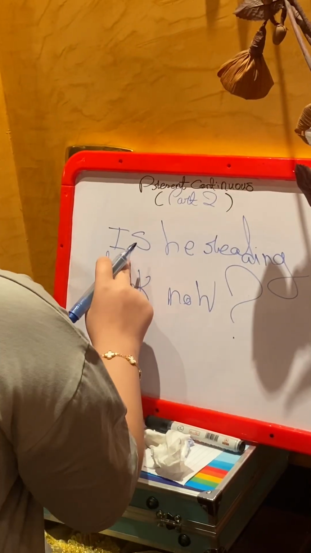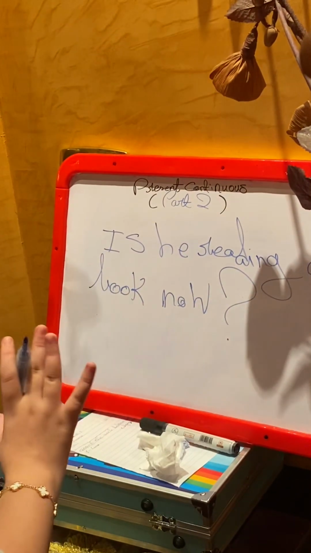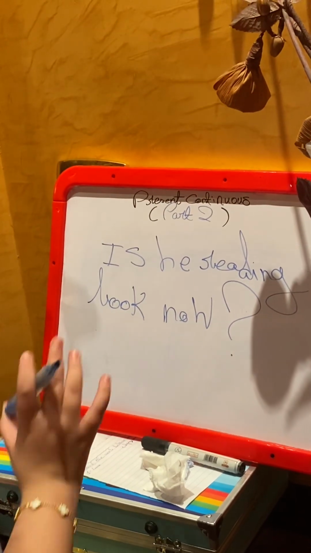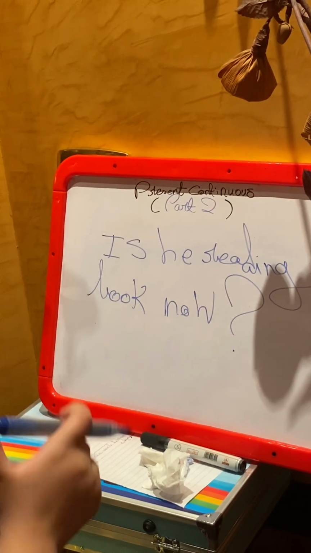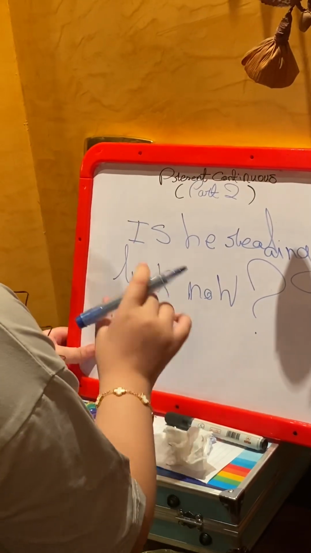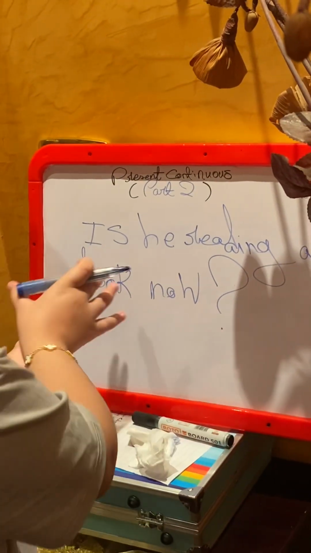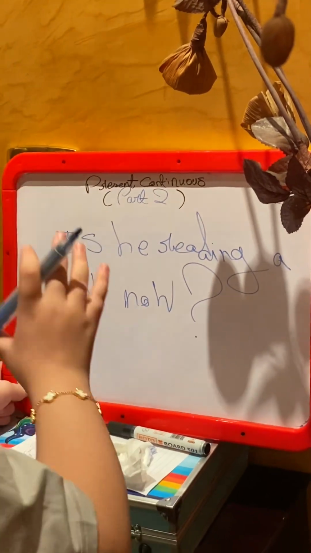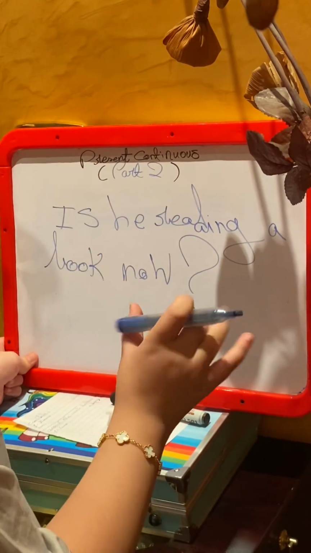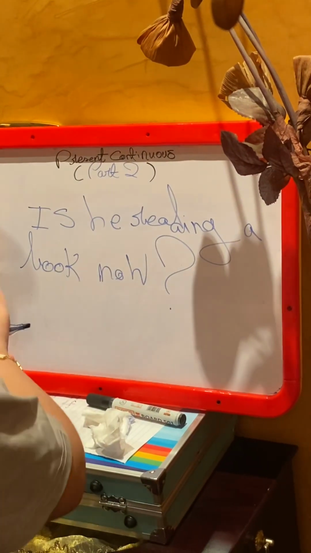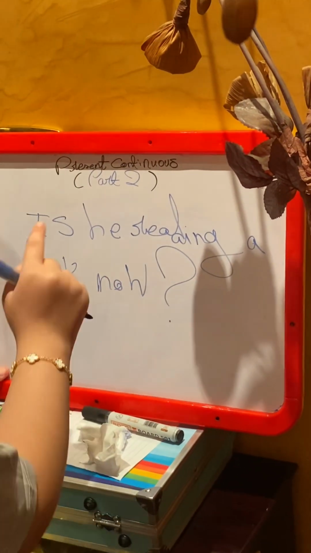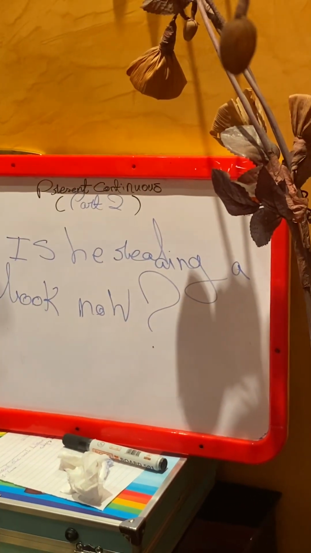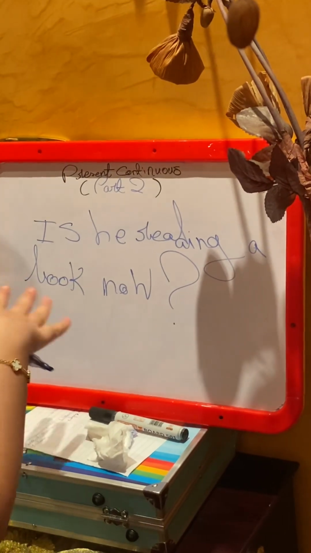Specifically this part, please be careful with it. Here: Is he reading a book now? We know that this is a yes or no question. Let's answer it. For example, I wanted a long answer, because there is something called a short answer. But now let's answer it with a long answer, okay? What shall I say? For example, I want to answer with yes, as I said.